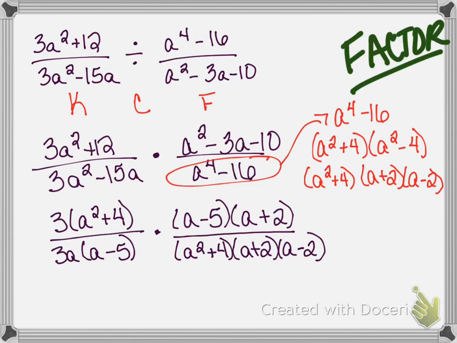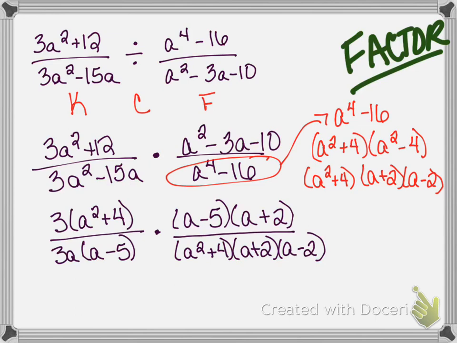My top left one, I can factor out a 3. The first time I did this problem, on the 3a squared plus 12, I factored out a 3a, and I was wrong. I had to go back and fix it. So just be careful. Look at those. Make sure you're looking at it correctly, because I made a mistake with that. Okay?